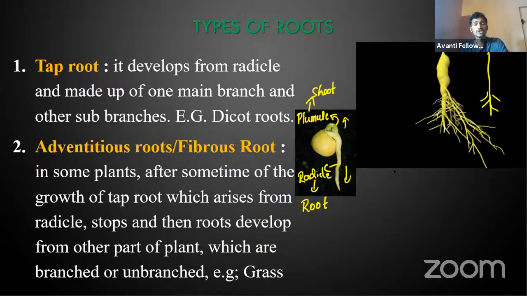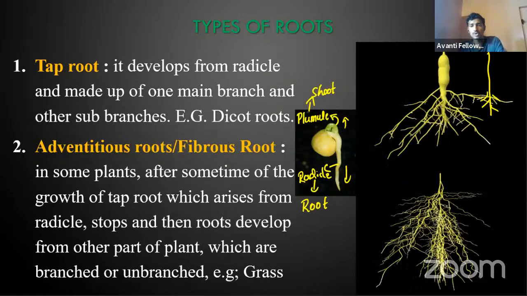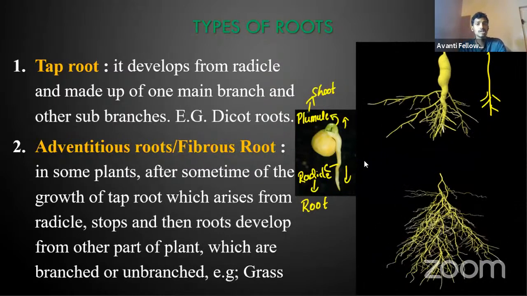But in adventitious root, that thing won't happen. What happens in adventitious roots then? In adventitious root, the radical will stop developing. It will come almost up to this size, and then it will stop. The other roots will arise from the base point, not from the radical. Radical is not giving the root here.